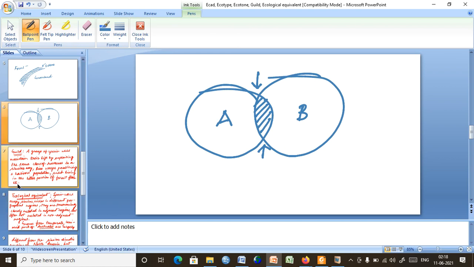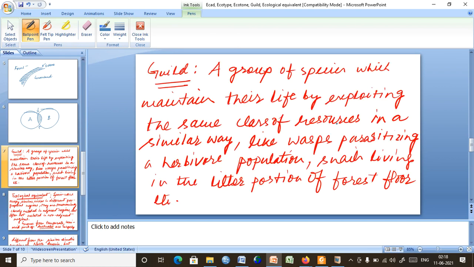The next important aspect, what I want to say, is guild. These are a group of species which maintain their life by exploiting the same class of resources in a similar way. This is the most important criteria.